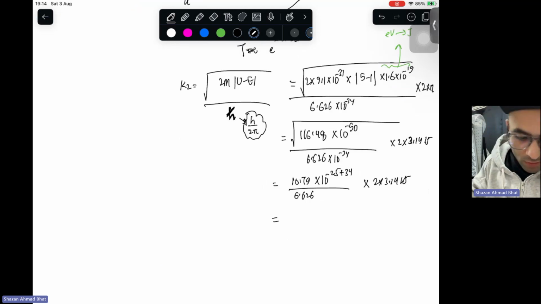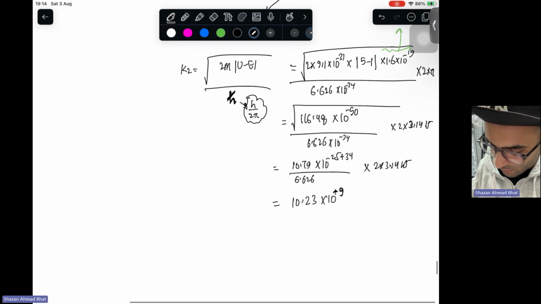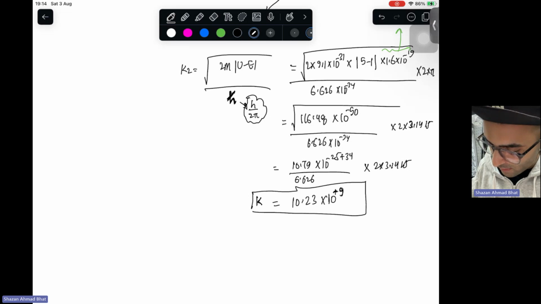Now multiplying throughout by 2 and 3.1415 and dividing by 6.626, you get 10.23 into 10 to the power minus 9. Oh, okay, it is minus, it is plus. So kappa, you get 10.23 into 10 to the power 9.